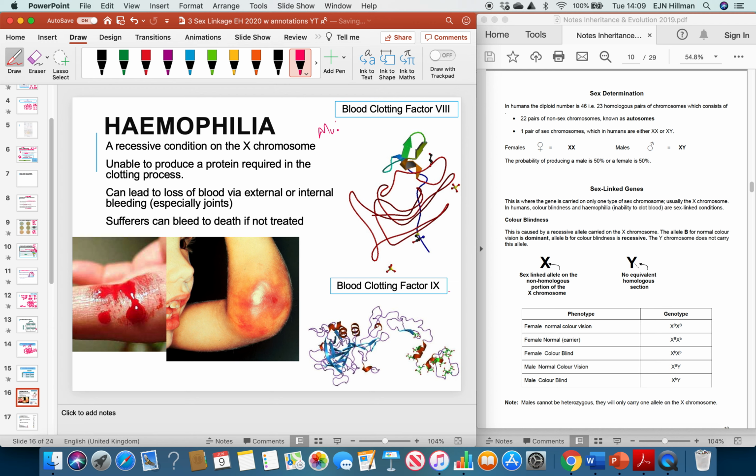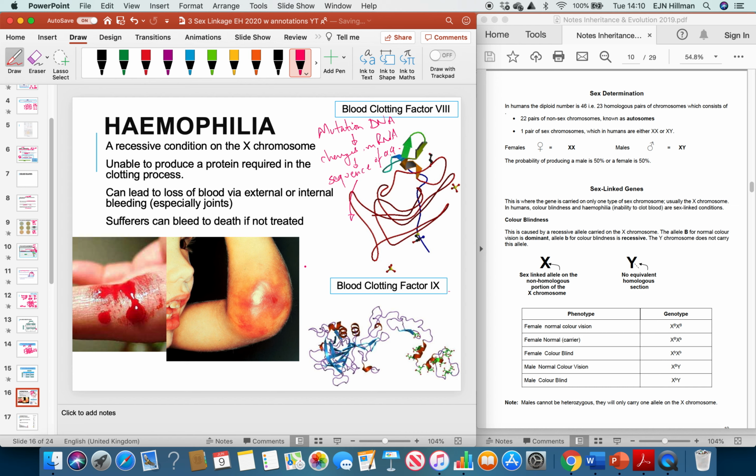Let's go through this. So a mutation in the DNA changes the mRNA. That causes a change to the sequence of amino acids.